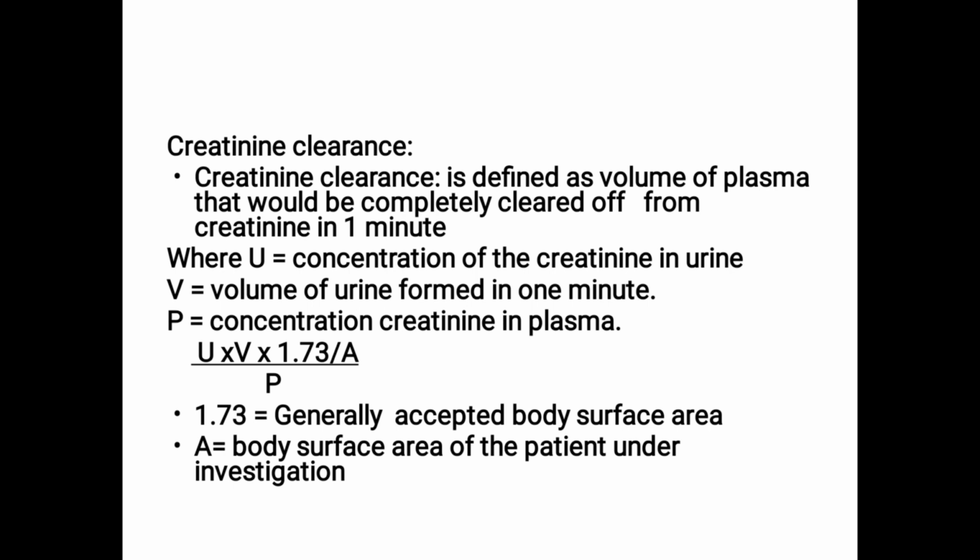The formula is UV by P. U is the concentration of creatinine in urine, V is the volume of urine formed in 1 minute, and P is the concentration of plasma creatinine. So what is that 1.73? It is the generally accepted body surface area.